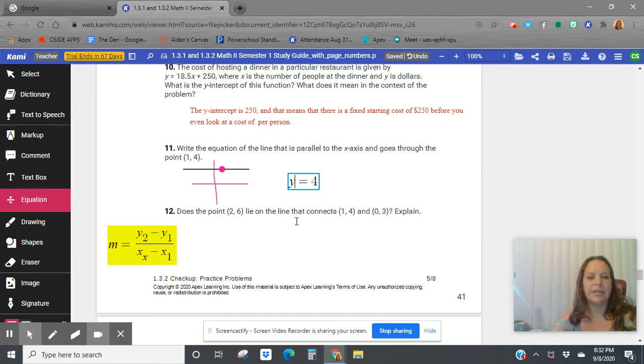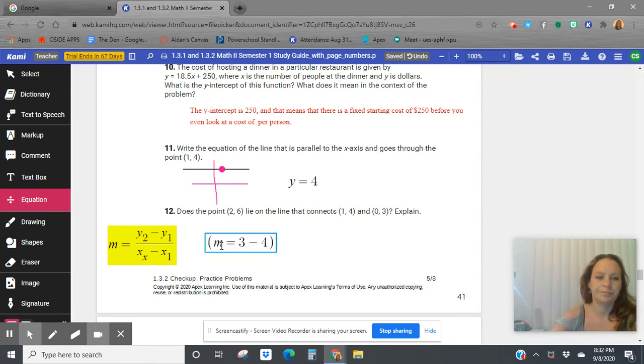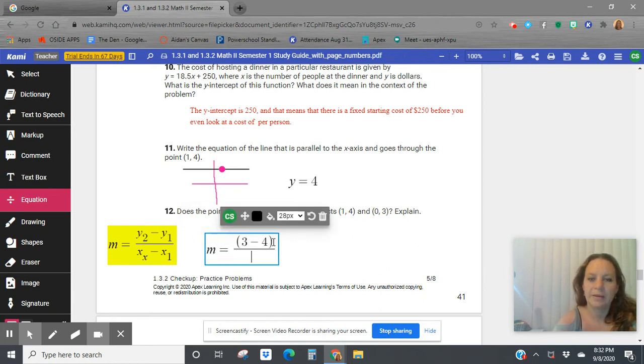Does the point (2, 6) lie on the line that connects (1, 4) and (0, 3)? Explain. So first let's get a slope using this little slope formula. And so we go 3 minus 4 on top, divided by 0 minus 1.